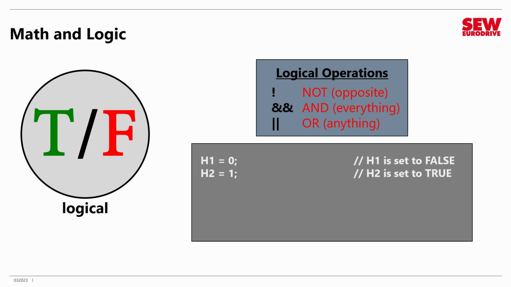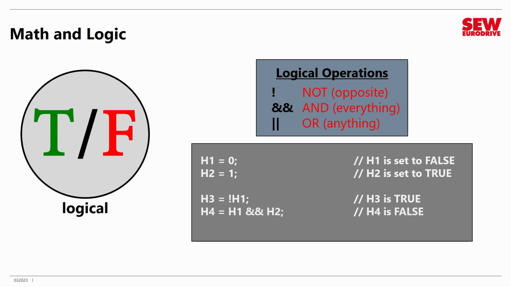All right, we have some variables here. We have H1 and H2, and we put a false in H1 by putting a 0 in it, and we put a 1 in H2, which makes it true. And if I say H3 is NOT H1, I use that NOT operator, that means flip it. Now, H1 is already false, so when we NOT it, it becomes true. So H3 now has a true in it.